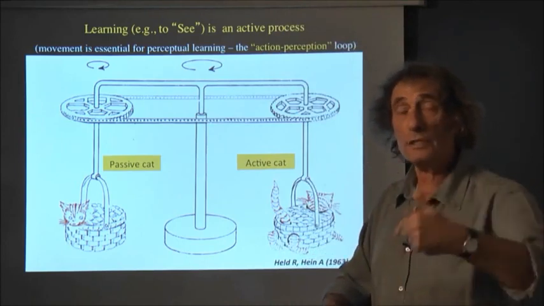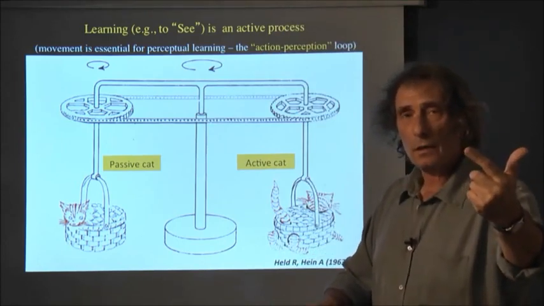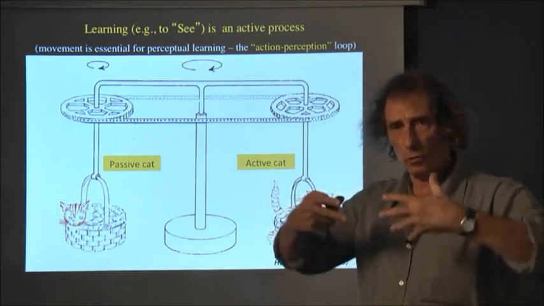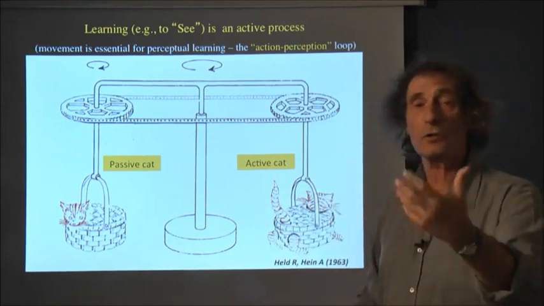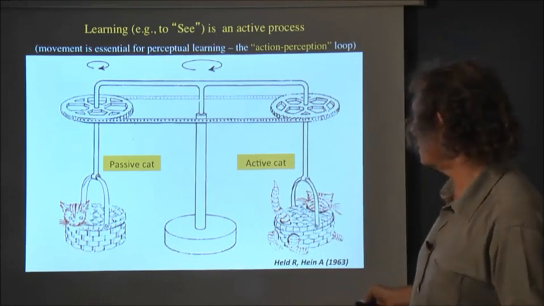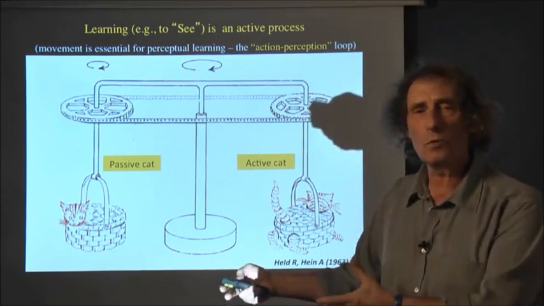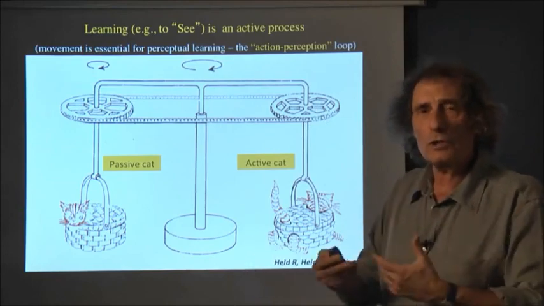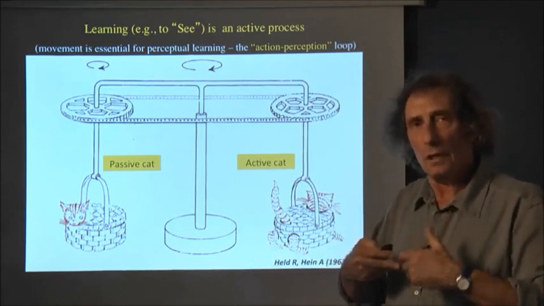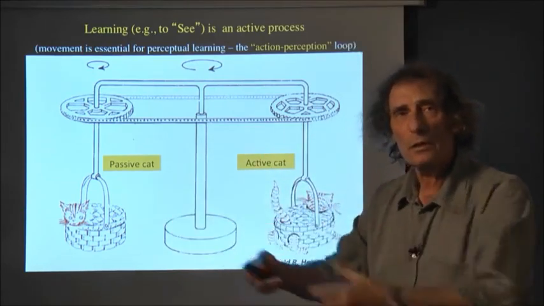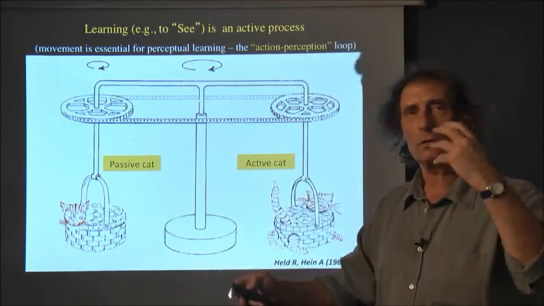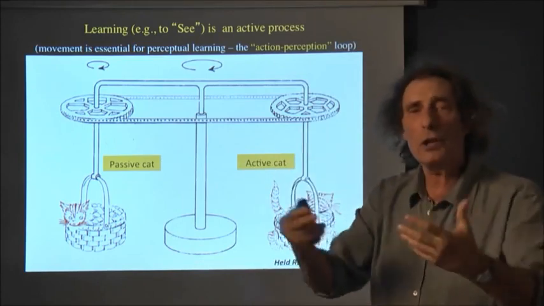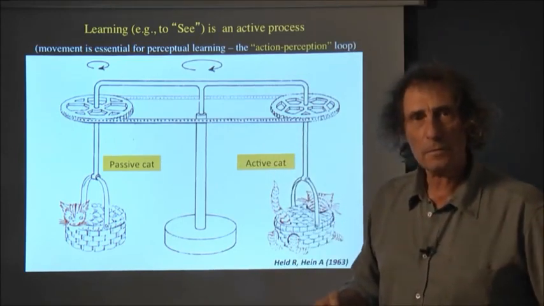And so his visual system, correlated with the fact that he moved, enabled him to generate a correct perception of the world. This cat was just passively moved. There was no correlation between its own activity and the visual world movement. He could not integrate movement and visual input to form a coherent image of the world.